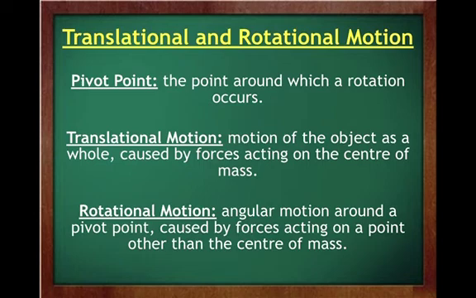So with rotational motion, it's moving at an angle and around a particular pivot point. In my example of the door, the hinges would be those pivot points, and it's moving around that. You're not putting the force on the center of mass, which is what we've been doing so far. You're applying the force on some other point that's a certain distance away from the pivot point.